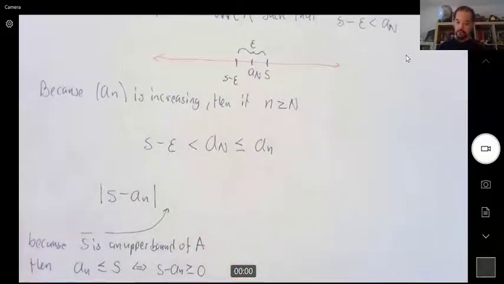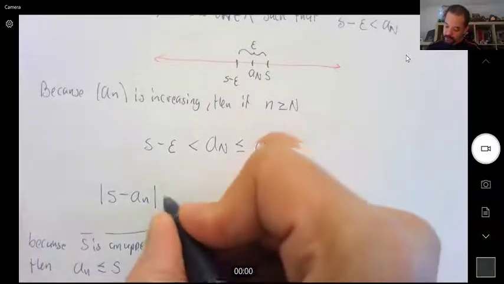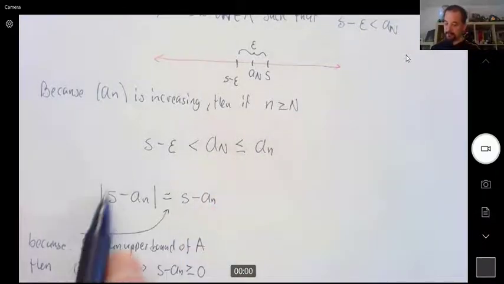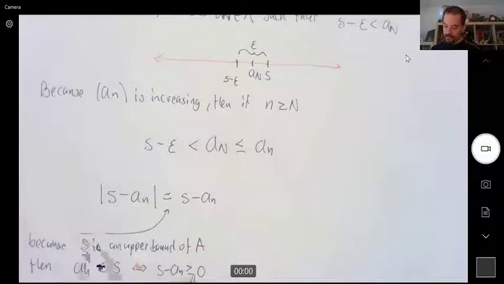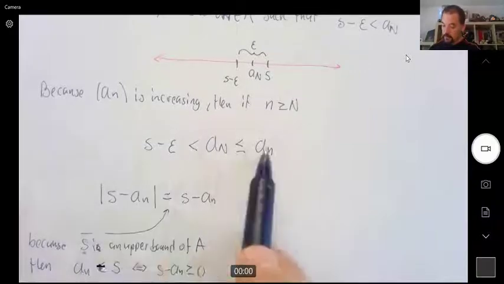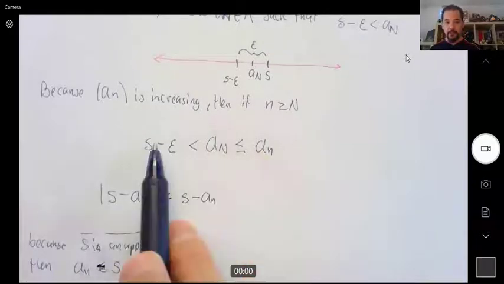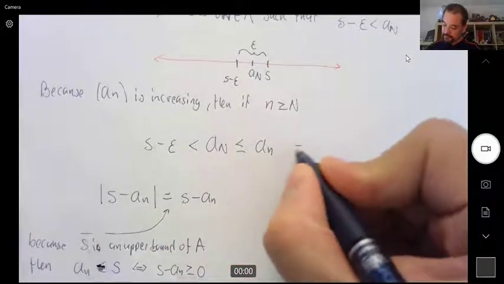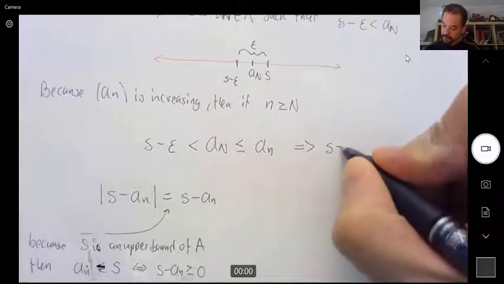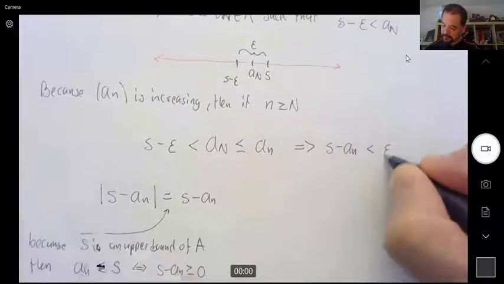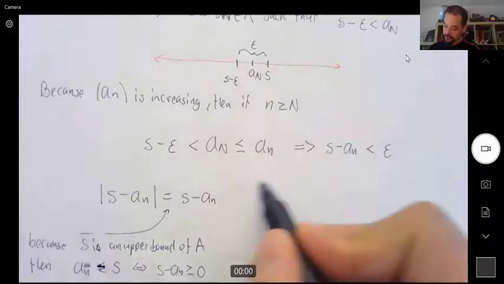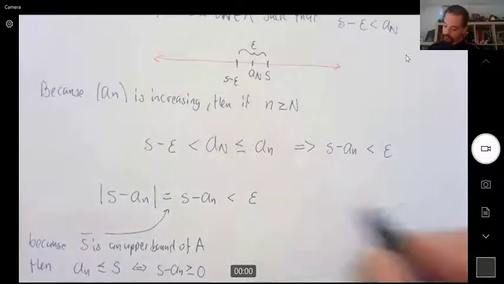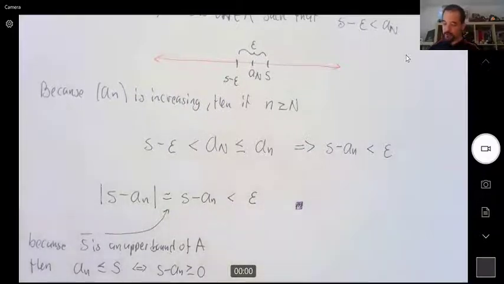That's important, because then these absolute value bars are not needed. I can simply write S minus a_n, because this number is positive. And then I can use this inequality that I have over here. What happens when you subtract a_n and add epsilon on the other side? You get S minus a_n less than epsilon, correct? So that inequality I'm going to now type here, and we're done.